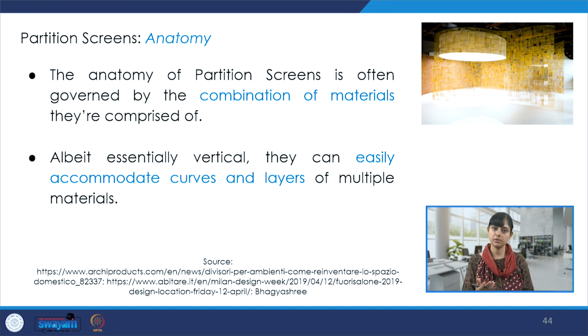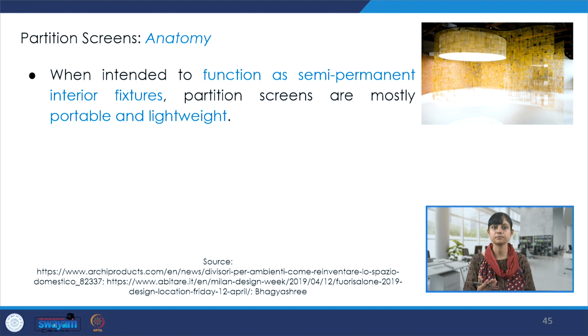Depends on what is the purpose and how we are designing them. So that is quite possible. Also, function wise, they could be semi permanent, they could be permanent, they could be temporary, portable, lightweight, movable, foldable, multifunctional. So all these attributes will sort of shape the anatomy of the screen that we design and install within a space.